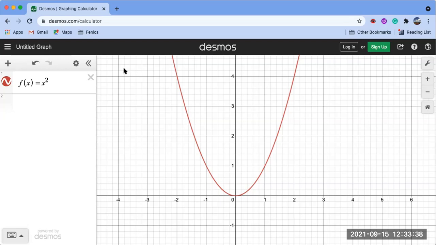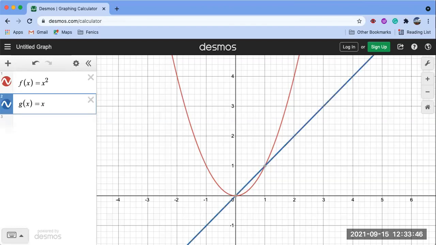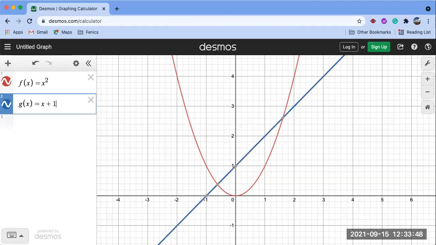Very interesting. So now, if we are given a simpler function, g of x is equal to x plus 1, for example, the blue line here. What is the slope of this blue line? 1. Very good, right?